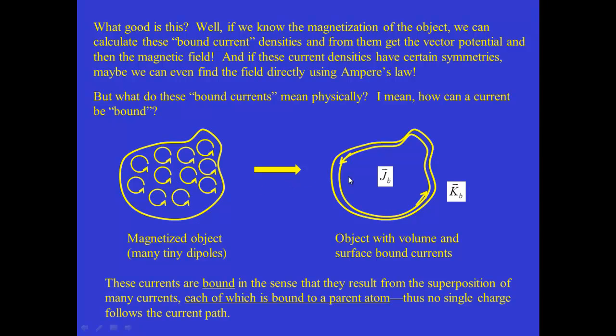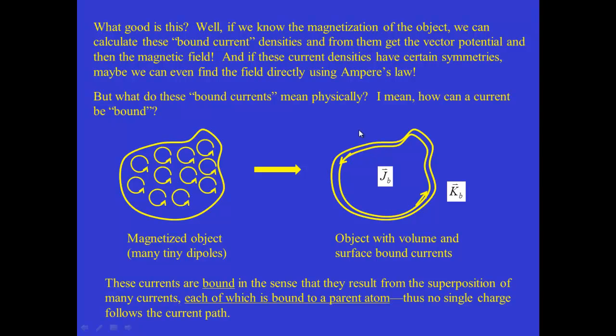So what we express as these bound current densities come about as the superposition of the motions of many charges. None of the individual charges follows the entire current path. For example, there's no charge that follows the whole surface current path of this K_B. And whatever J_B looks like, there's no single charge that ever follows it completely within the volume. Okay, so that's why we call them bound currents, even though it might sound somewhat paradoxical.